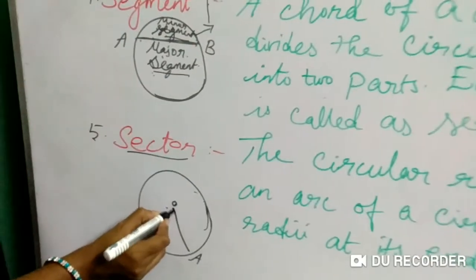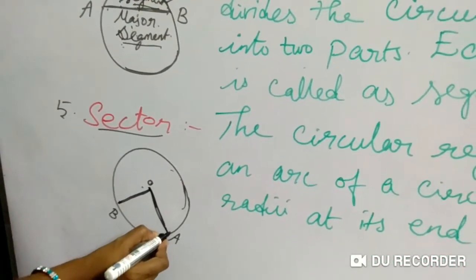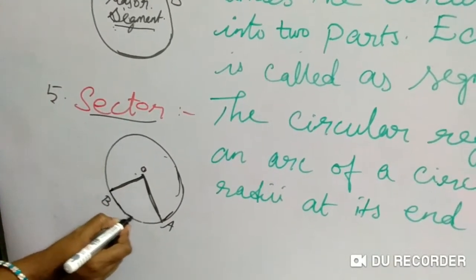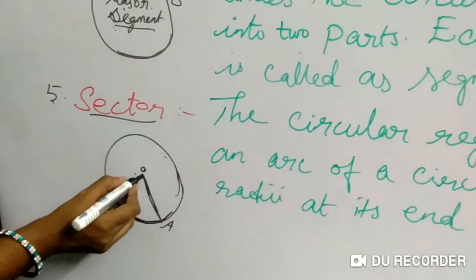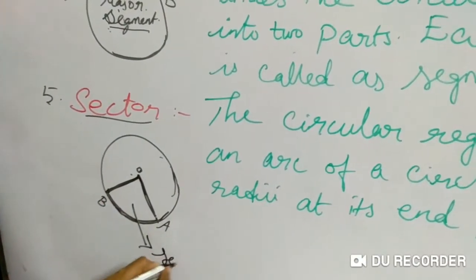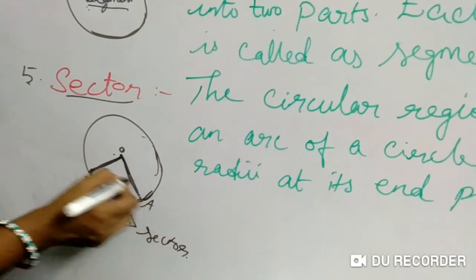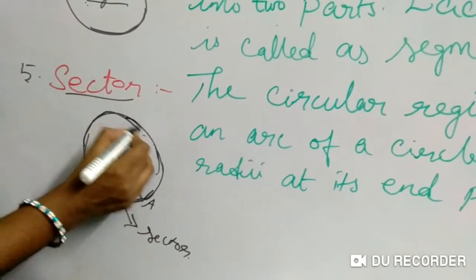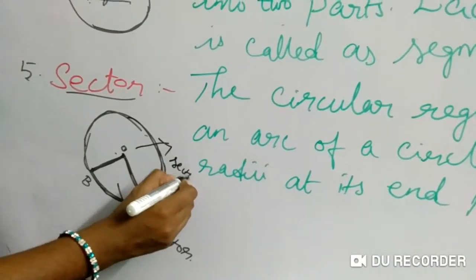Draw two radii in this circle, so that you get a part enclosed by the two radii and part of the circumference. This portion is known as a sector. Similarly, this is also two radii enclosed by part of the circle. This portion is also known as a sector.